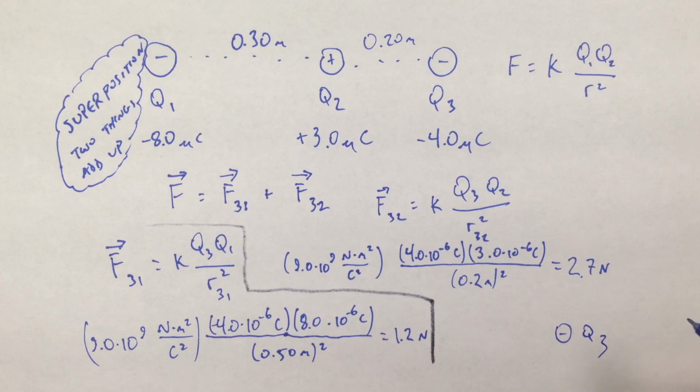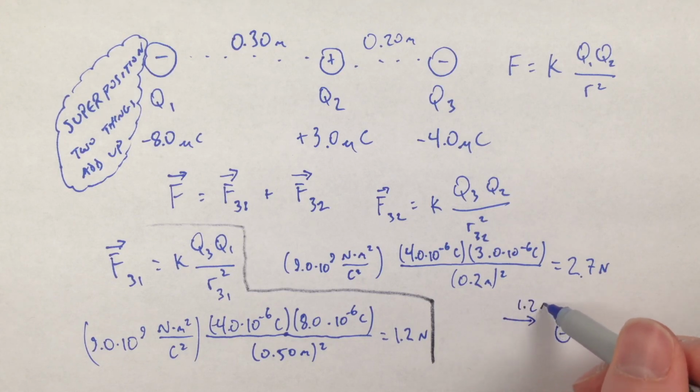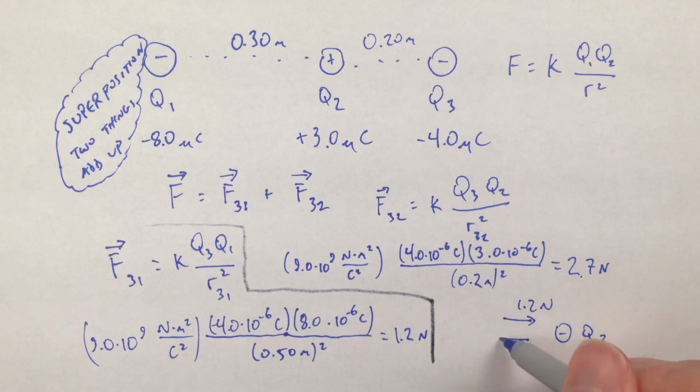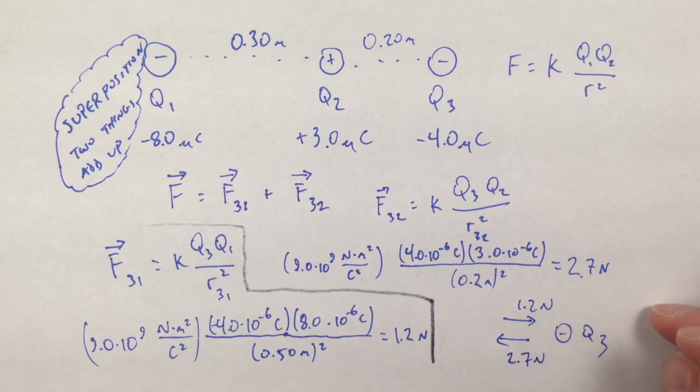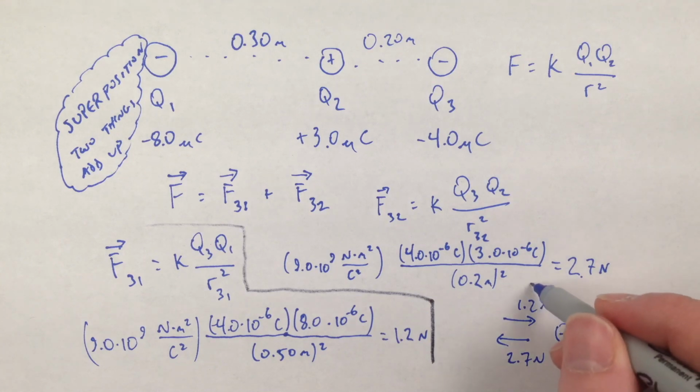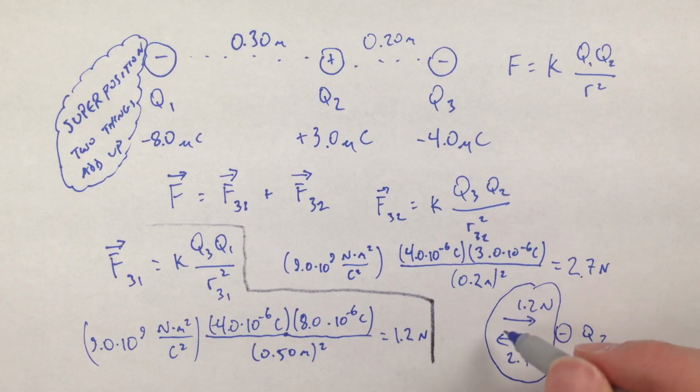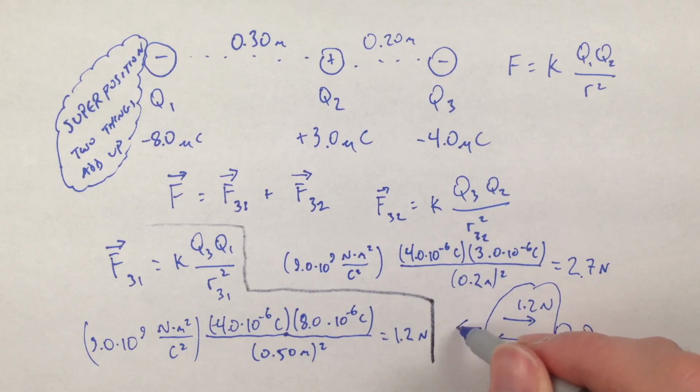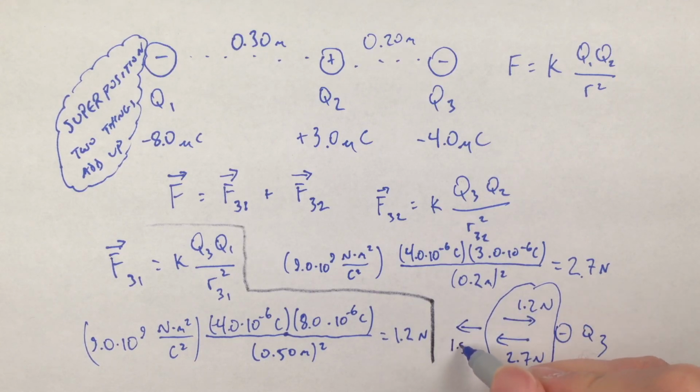It's got charge 1 pushing it away with a force of 1.2 newtons, but it's got charge 2 pulling it in with a force of 2.7 newtons, right? So that means that all in all, these sum to a single force pointing in of 1.5 newtons.